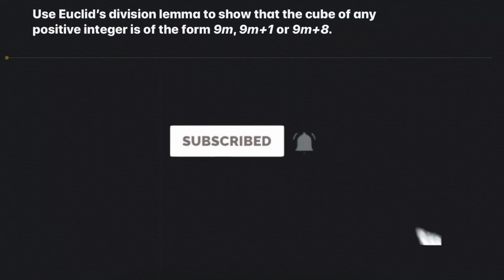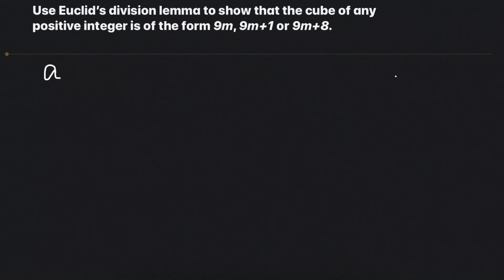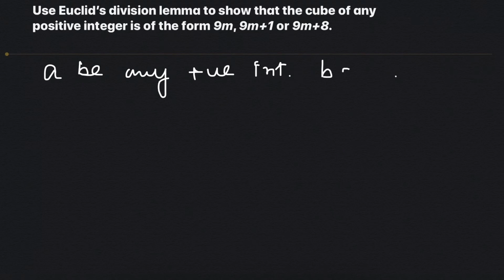So our next question is, use Euclid's division lemma to show that the cube of any positive integer is in the form 9m, 9m plus 1 or 9m plus 8, where m is any positive integer. So let a be any positive integer and b is equal to 3.